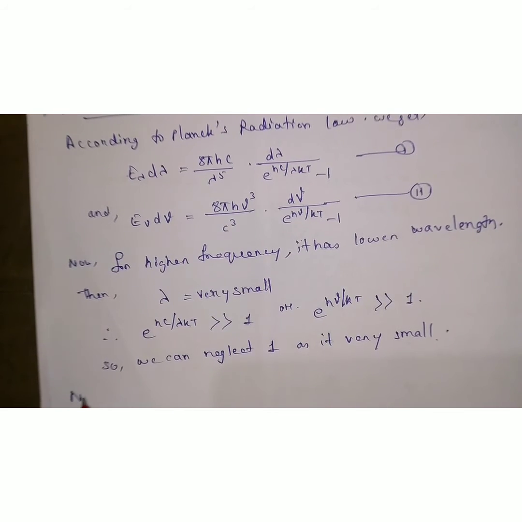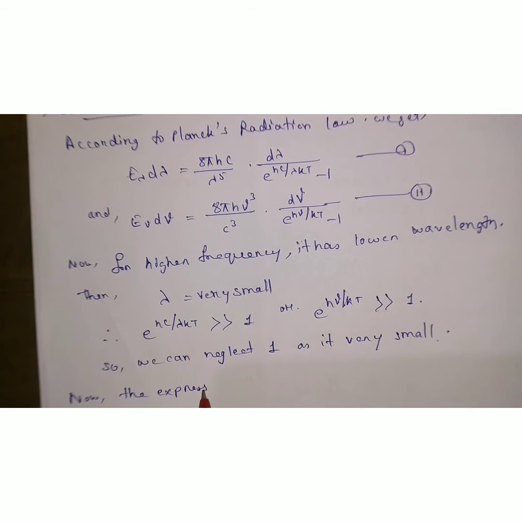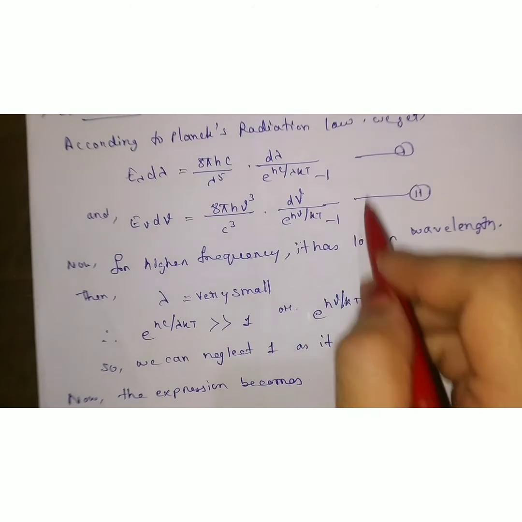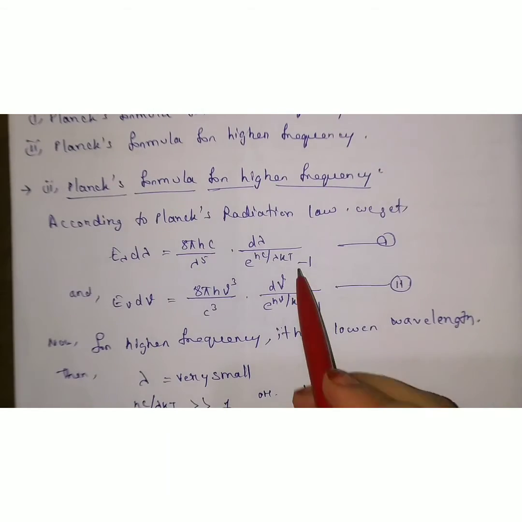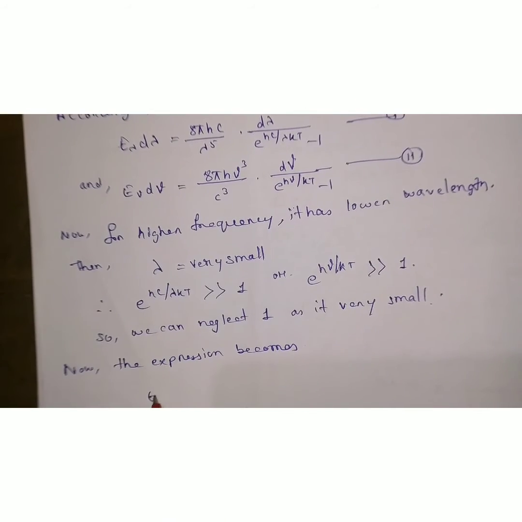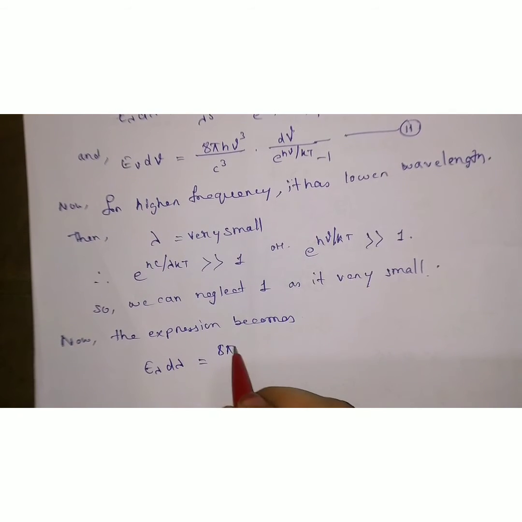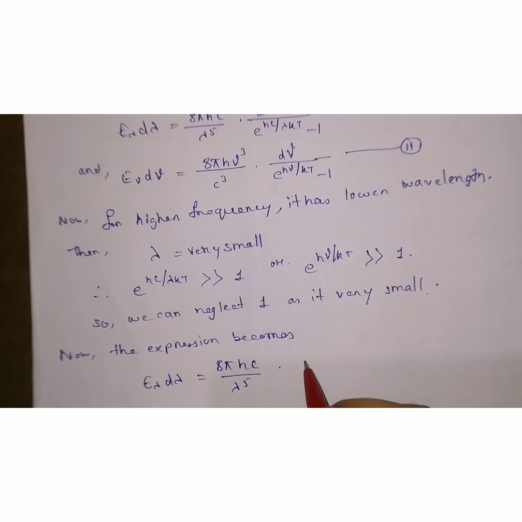Now both expressions 1 and 2 become: E lambda d lambda is equal to 8 pi hc divided by lambda to the power 5 into d lambda divided by e to the power hc by lambda kt.